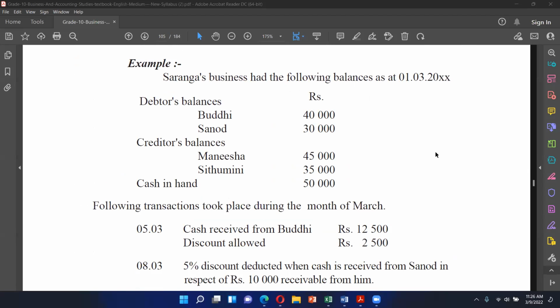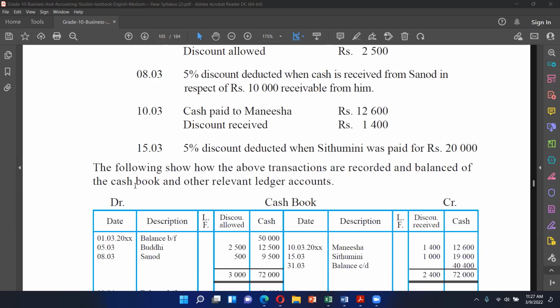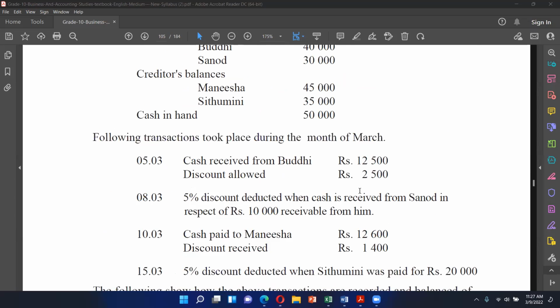Debtors balances: Buddhi rupees 40,000, Sanod rupees 30,000. Creditors balances: Manisha rupees 45,000, Situmini rupees 35,000. Cash in hand rupees 50,000. Okay, hold on. Now the question is, you need to record them in a cash book and other relevant ledger accounts. Okay, we'll go one by one.